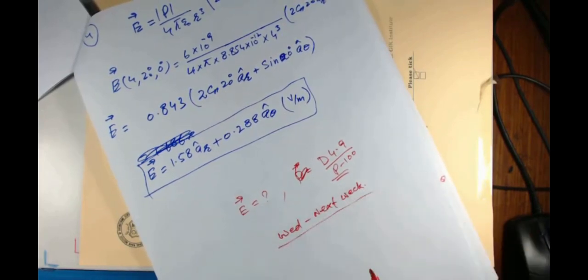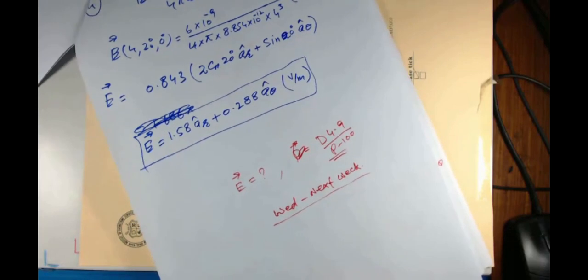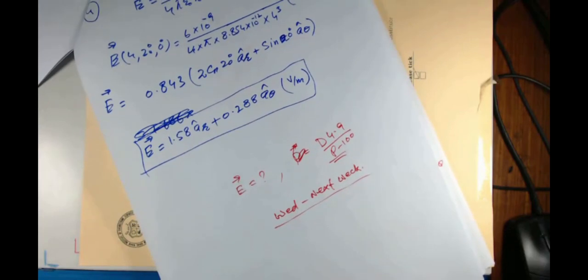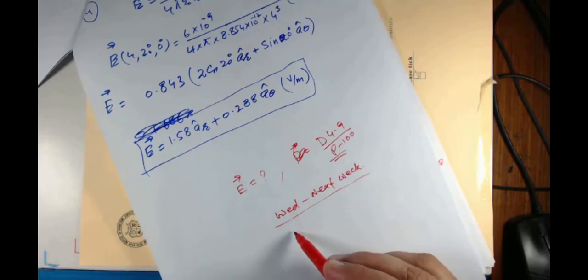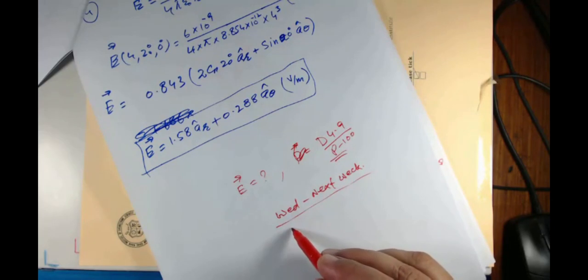I have also assigned you the plot of the electric field and potential due to an electric dipole. You should also reproduce that plot and submit that by next week, by Friday.